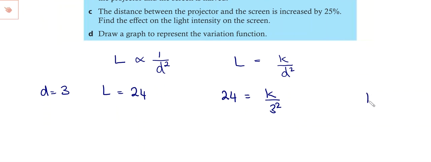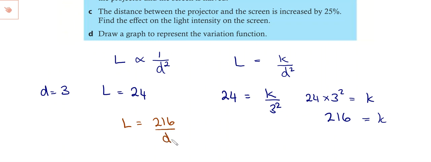So what's k? 24 multiplied by 3 squared, or 9. You can do that. K is 216. Okay, so now I've got my formula. L equals 216 divided by d squared. That's my formula.